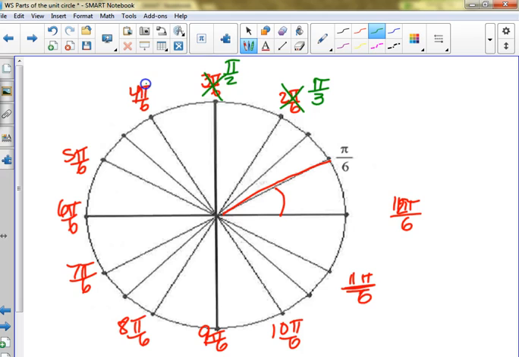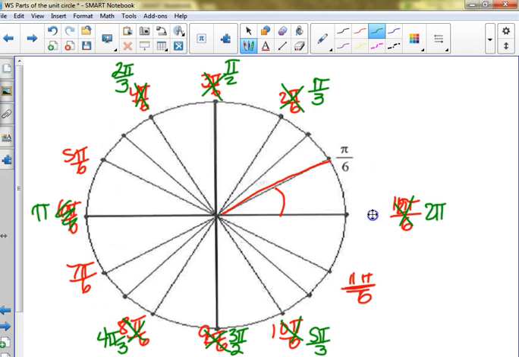Pi over 2. 4/6 is 2/3. 5/6 doesn't reduce. 6/6 is 1. 7/6 doesn't reduce. 8/6 is 4/3. 9/6 is 3/2. 10/6 is 5/3. 11/6 doesn't reduce, and 12/6 is 2. Okay. But I only had to memorize one thing, right? And I got all those filled in.